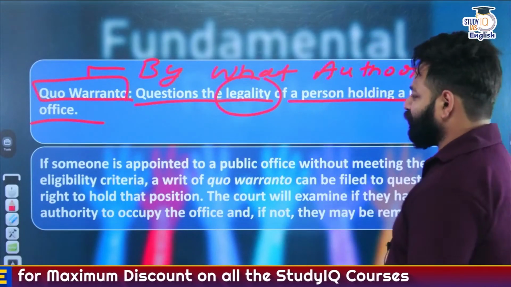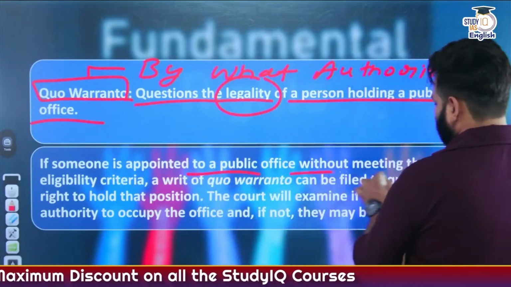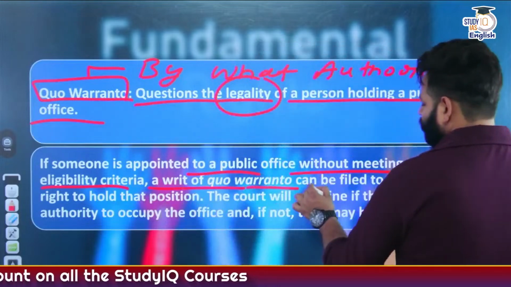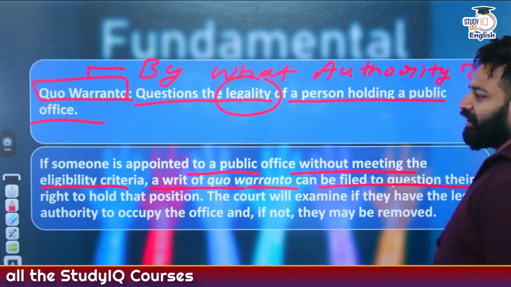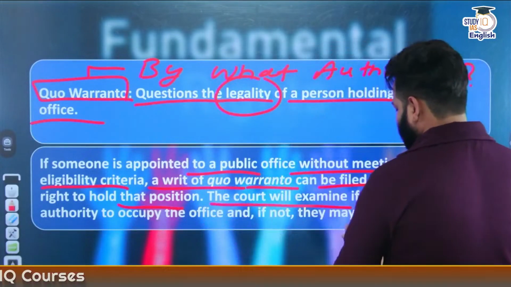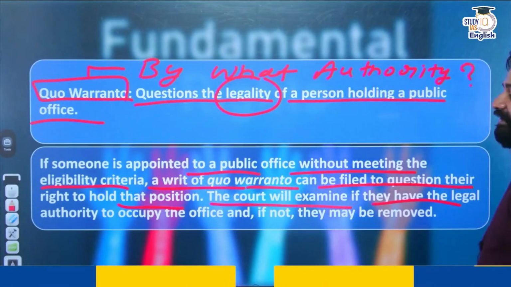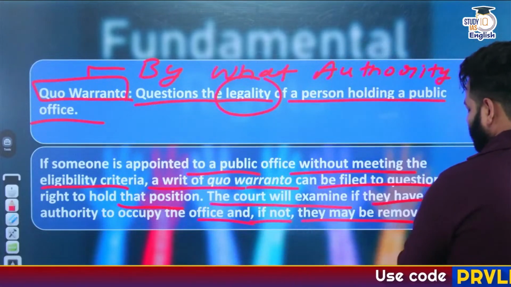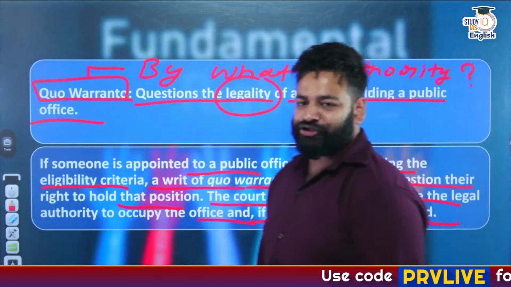So if someone is appointed to a public office without meeting the eligibility criteria, a writ of quo warranto can be filed to question their right to hold that position. And the court will examine if they have the legal authority to occupy the office, and if not, they may be removed as well by the judiciary.